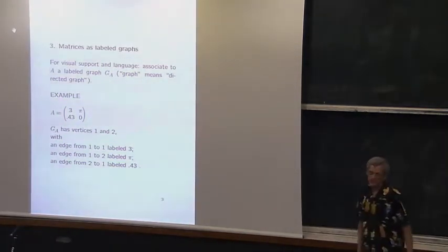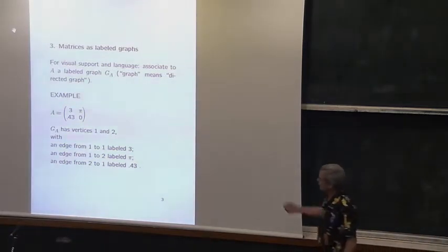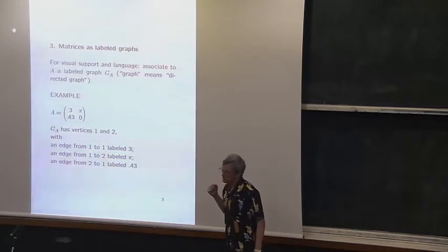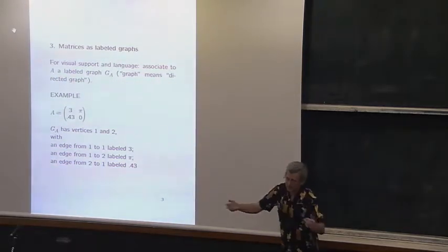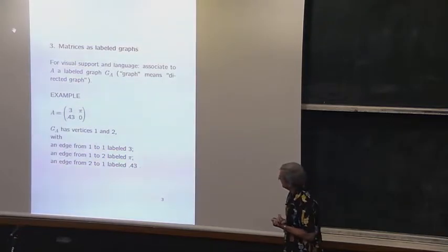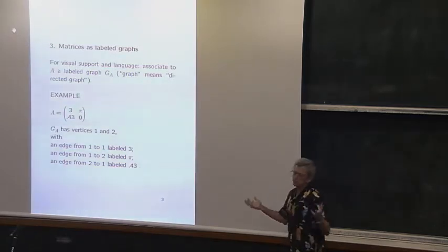Well, first of all, let's do something that's quite easy to warm up. We can think of a matrix as a labeled graph. Okay, and remember, a graph for me is always a directed graph. And this is for a couple reasons. One, the language, and also for visual support.